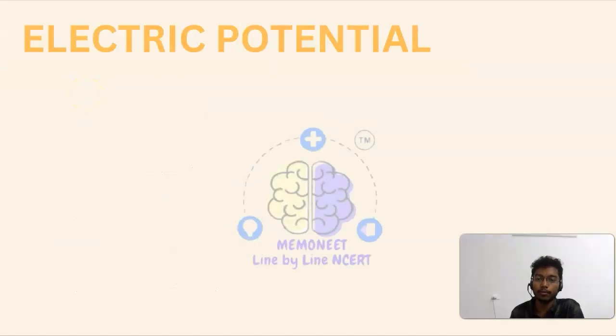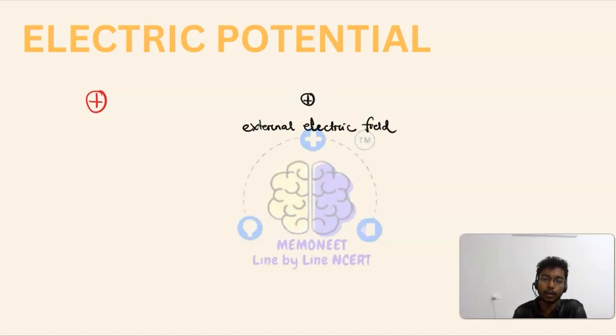Potential. Let's say we have a source charge here, and some other charge at infinity, and we are taking it to some position here. When we take it from infinity to this point, we have to do some work against the external electric field, keeping the kinetic energy of the charge constant.